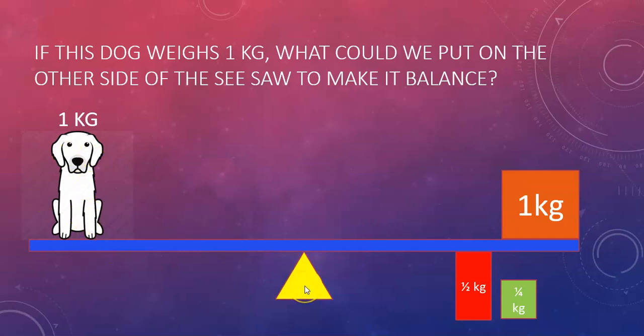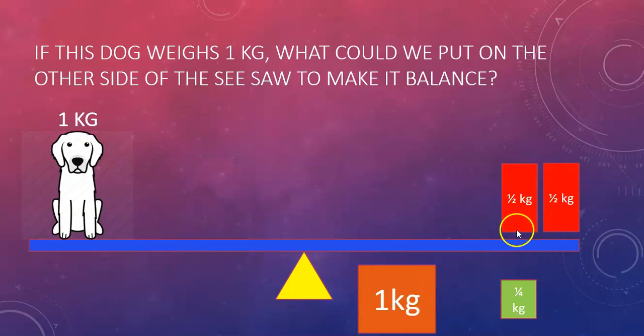Is there any other way we could balance the seesaw? Yes, we could put 2 red blocks, because each red block weighs 1/2 a kg. So 2 red blocks equals 1 kg, which is what the dog weighs.